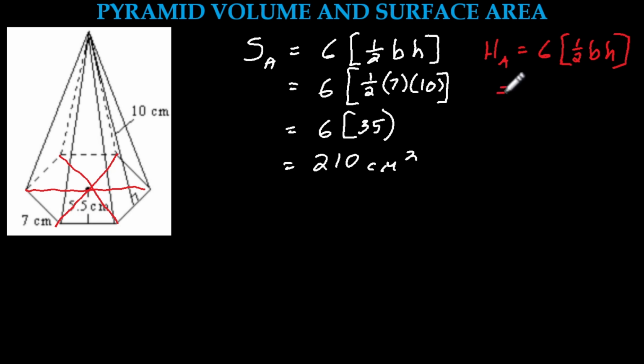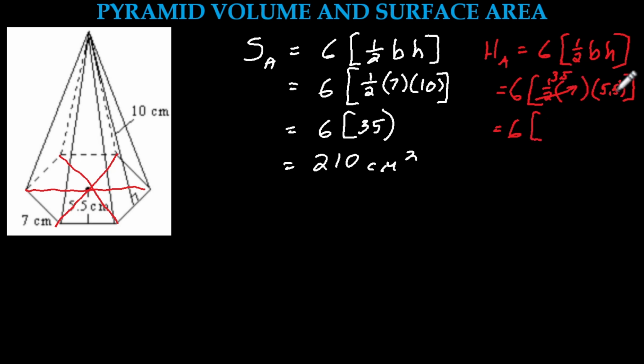So this will become 6 times, keep the 1/2. The base of each triangle will be 7, and the height of each triangle is 5.5. So half of 7 is 3.5.